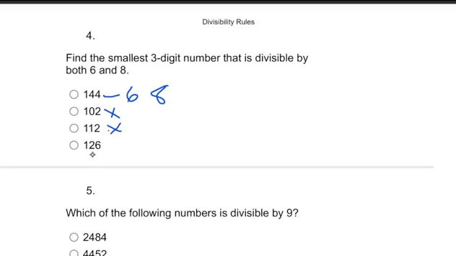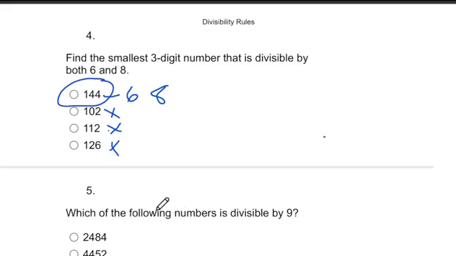Then the last one, 2 can divide it and 3 can also divide. But what about 8? Let's check. 8 in 12 is 1, remainder 4. 8 in 46, 8 cannot divide it. So in that case, the answer is A. I hope that is clear.